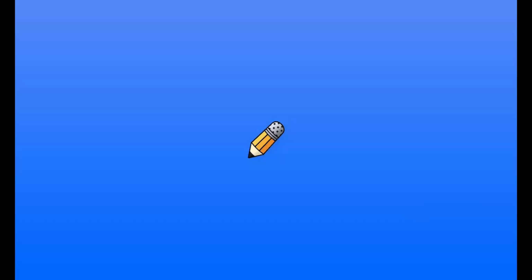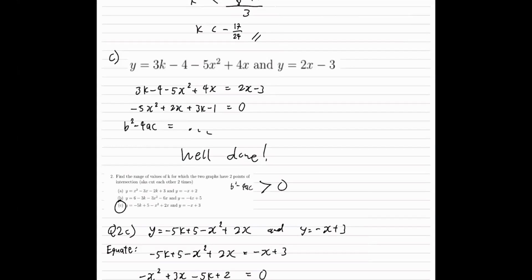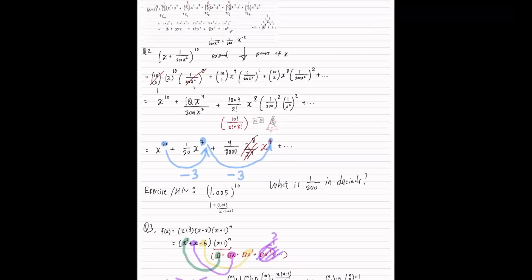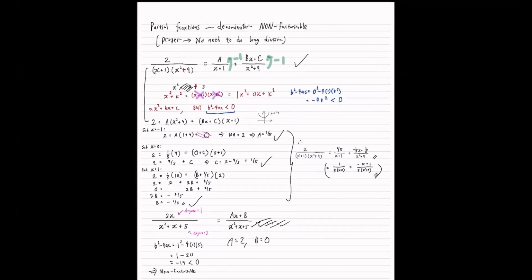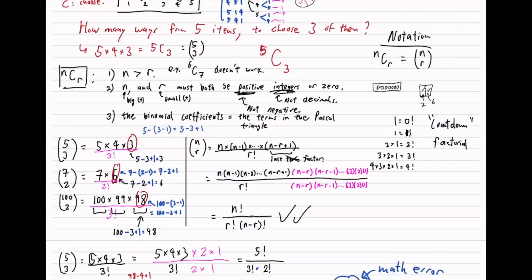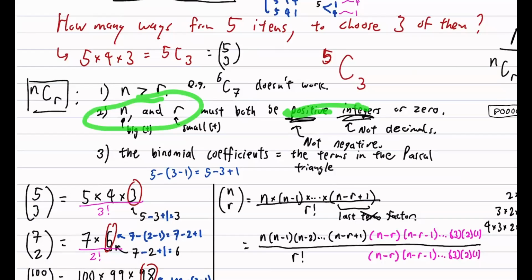If I can find the notes. Oh, that's not the right notes. Yes, over here, n and r must both be positive integers.